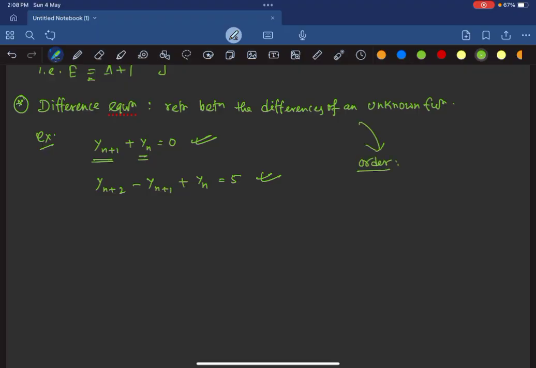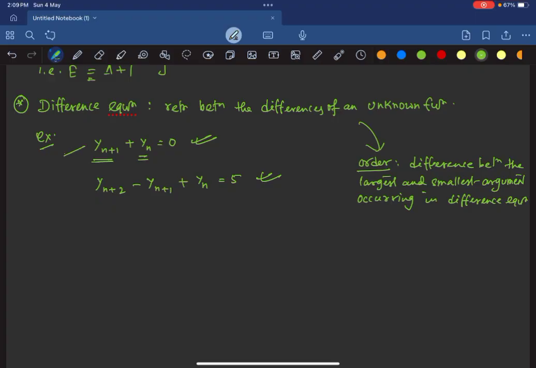Order of a difference equation means the difference between the largest and the smallest argument occurring in the difference equation.